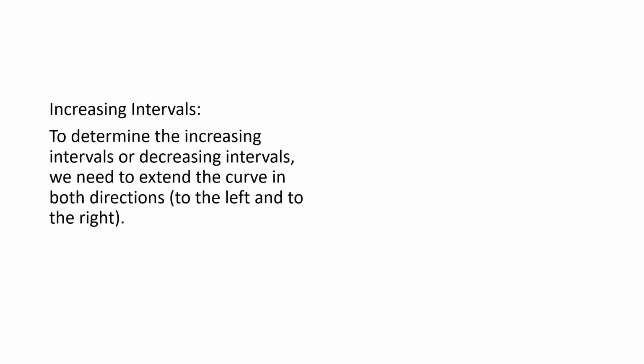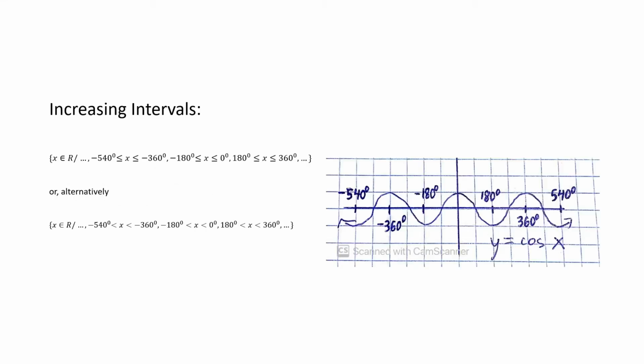Okay. Now, to do increasing intervals, very similar to the way we did them with the sine curve, we will draw the curve heading in both directions. We'll say this is an increasing interval right here from -540 to -360. When x varies between -180 and 0, we have another increasing interval.